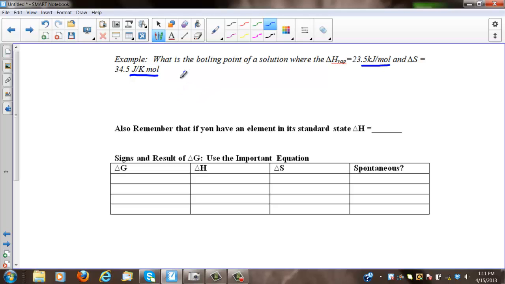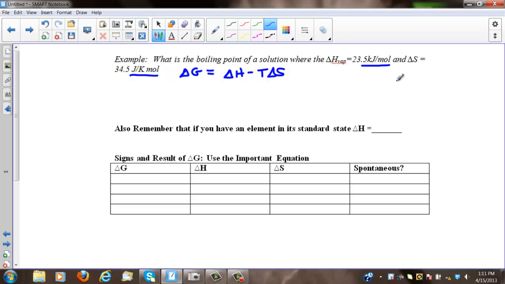So if we're using the equation delta G equals delta H minus T delta S, what we know right now is, first of all, you have to realize boiling of a solution means that you are at phase equilibrium.